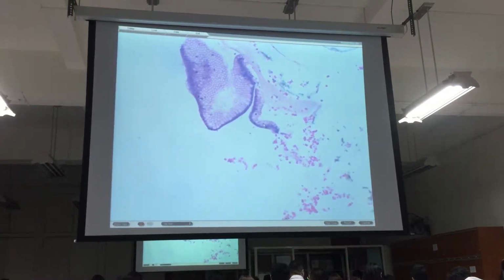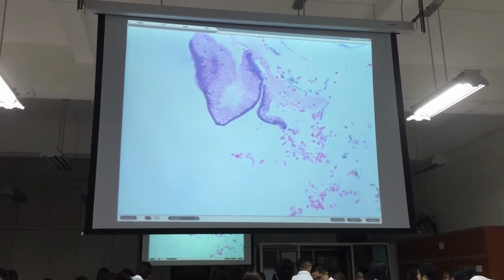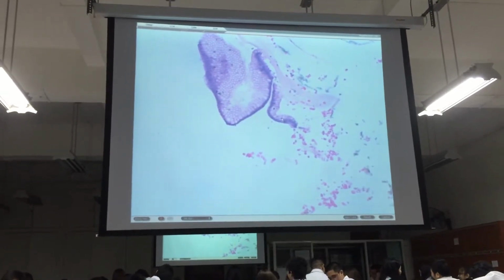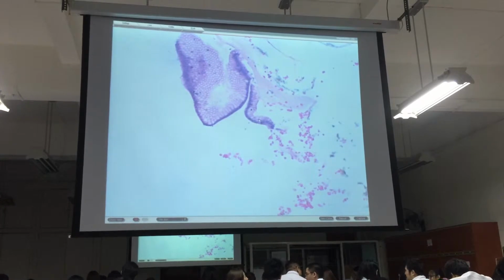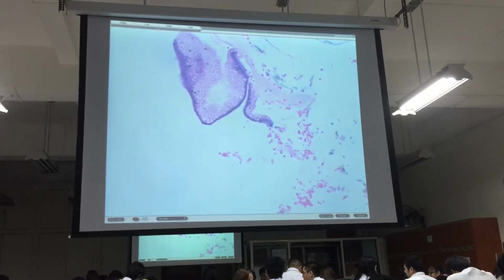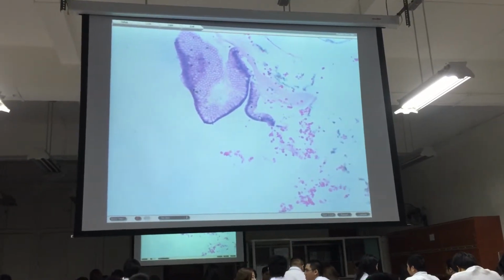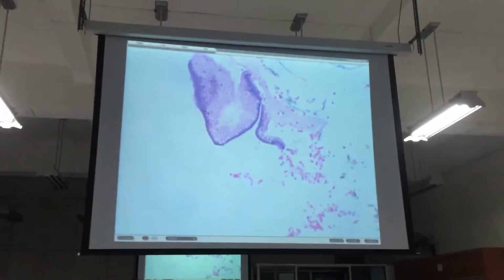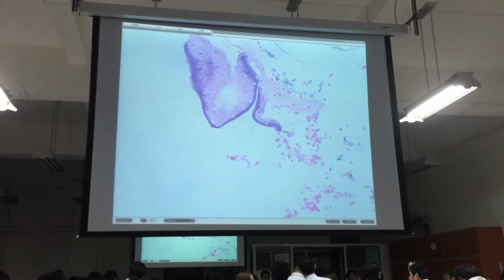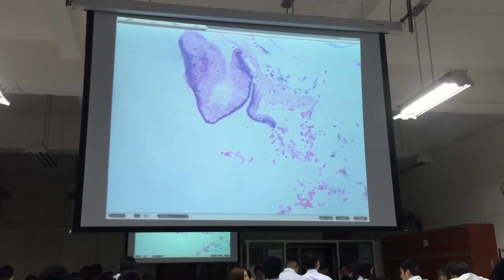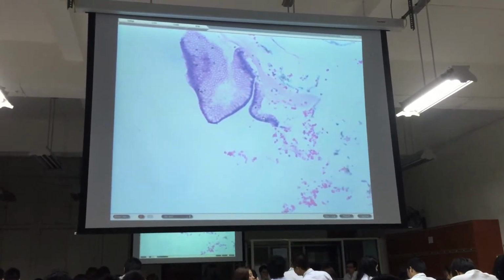Okay? Depending on the gross picture of the cyst, if it is only a unilocular cyst, only one cyst, call this mucinous cyst. If you see several cysts, or multiloculated cysts, you can already call this now mucinous cyst adenoma already. Okay.